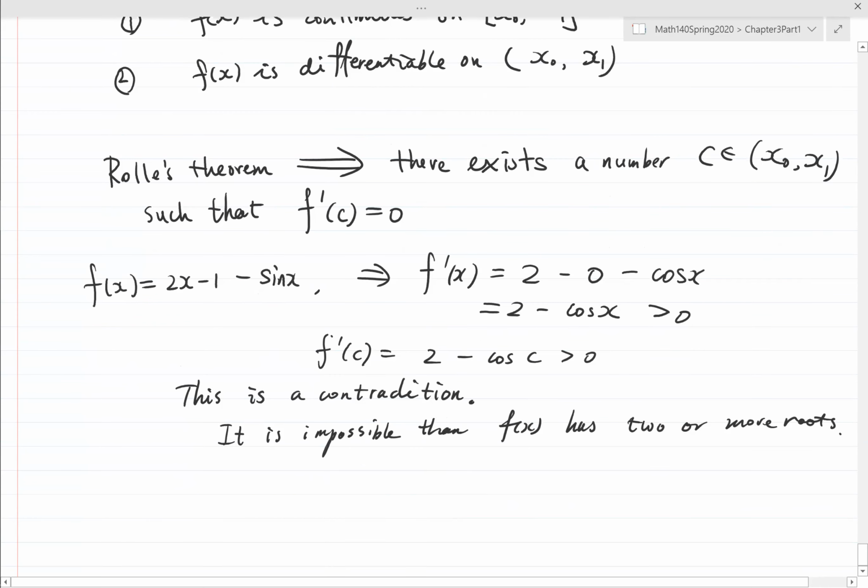But we know it has one root, so this means f(x) has exactly one real root. Then we are done.